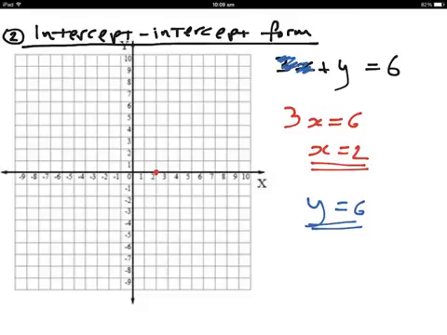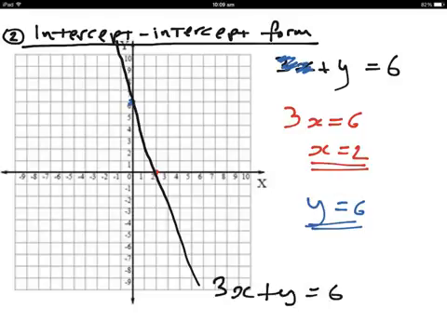So it must cut at the point y equals 6. And now that's it. We can just connect these 2 points up. There we have the line 3x plus y equals 6.